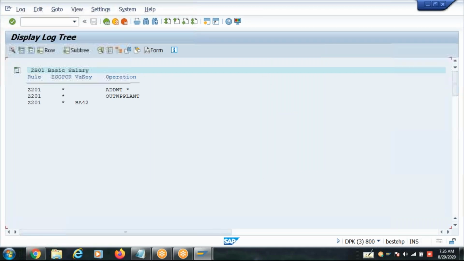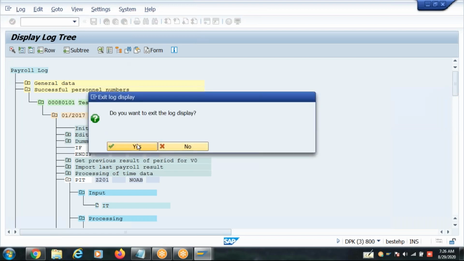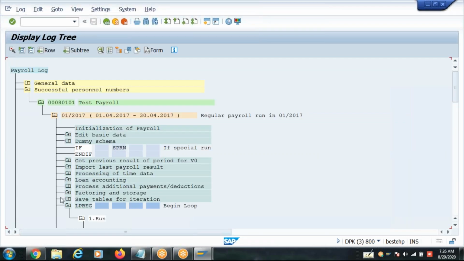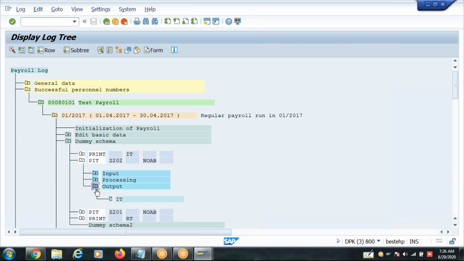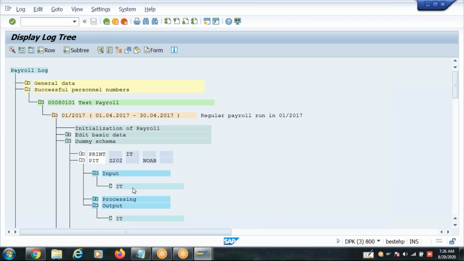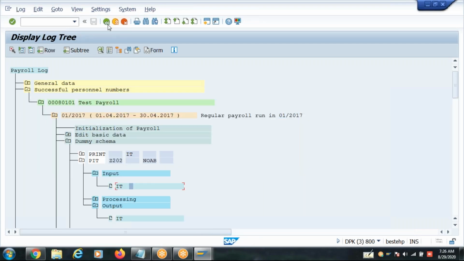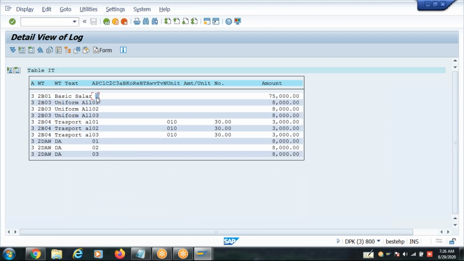Check it. In the input, we have WPPP split indicators. In the output, we don't have them.